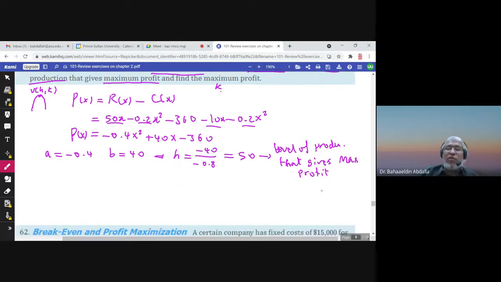Well, if I want to find the maximum profit, I find K. And to find K, I go to the profit function and I replace x or H by 50. So it's negative 0.4 times 50 squared, which is 2,500, plus 40 times 50, because x is 50, which is 2,000, minus 360.